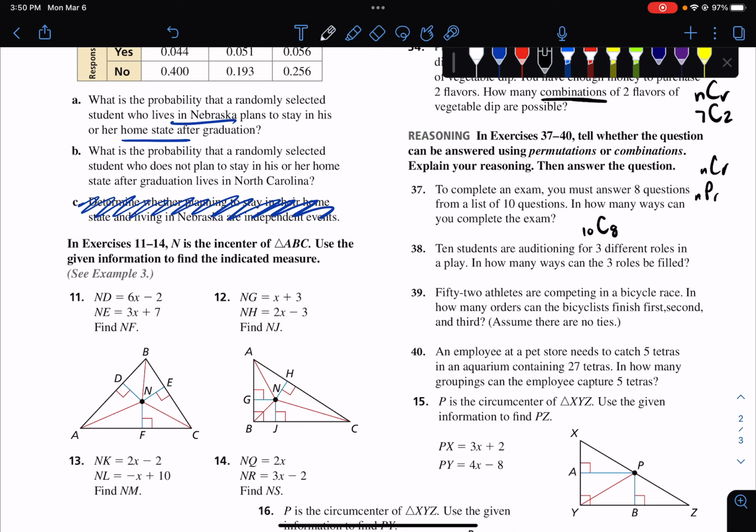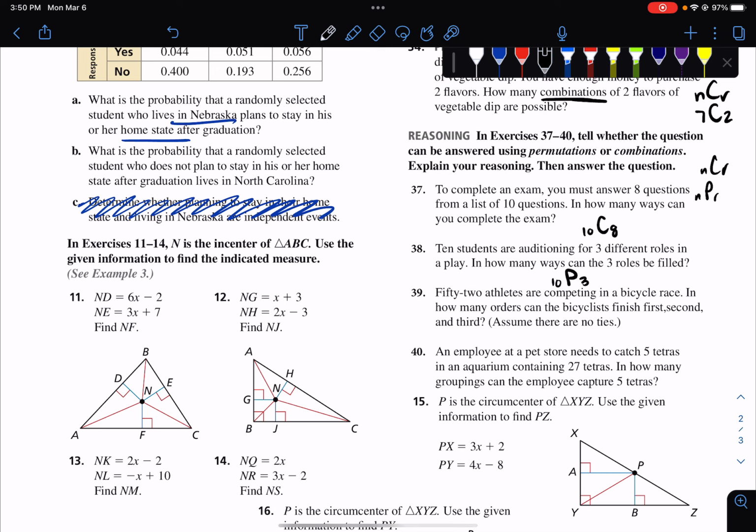Number 38, 10 students are auditioning for 3 different roles in a play. So I know I'm going to have 10 here and 3 here. What I have to decide is, does it matter if these people are picked in a different order? And in this case, it does, because someone getting picked for the first role is different than someone getting picked for the second role, right?